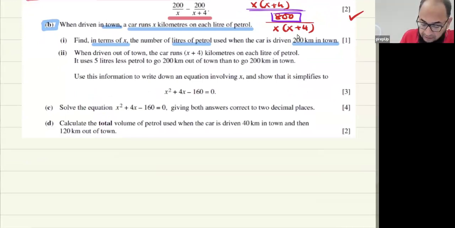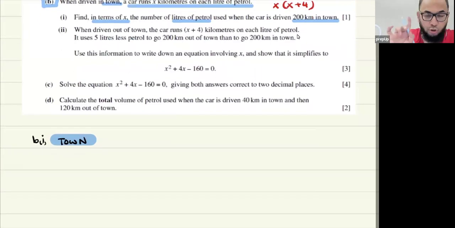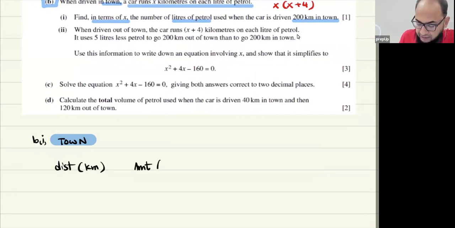Now we are talking about in town. So let me just make some space over here. This is B and this is part 1. This is for town. It says x kilometers on each liter of petrol. So this is distance in kilometers. This is the amount in liters.